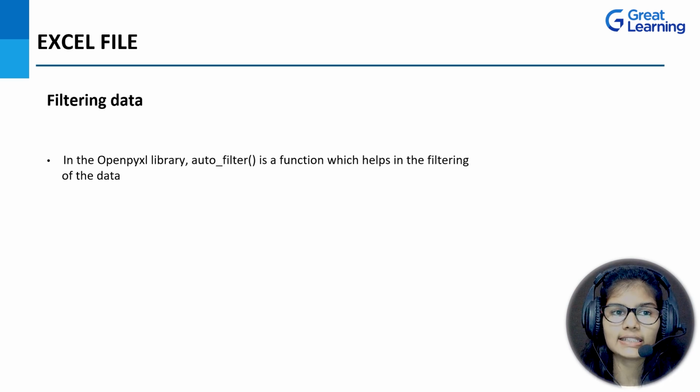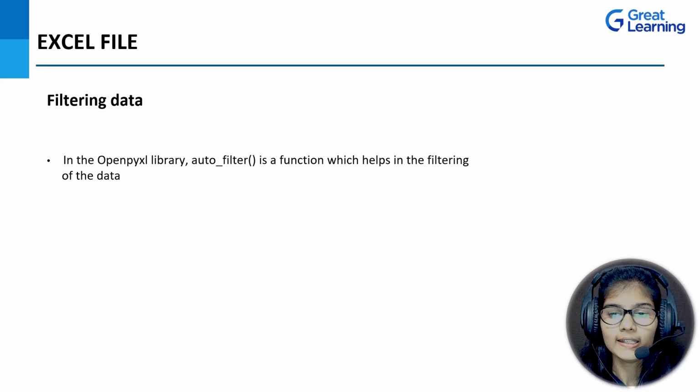Filtering means, let's say you want the data for which the values are greater than a respective number, or in which you have a particular value, or things like that.